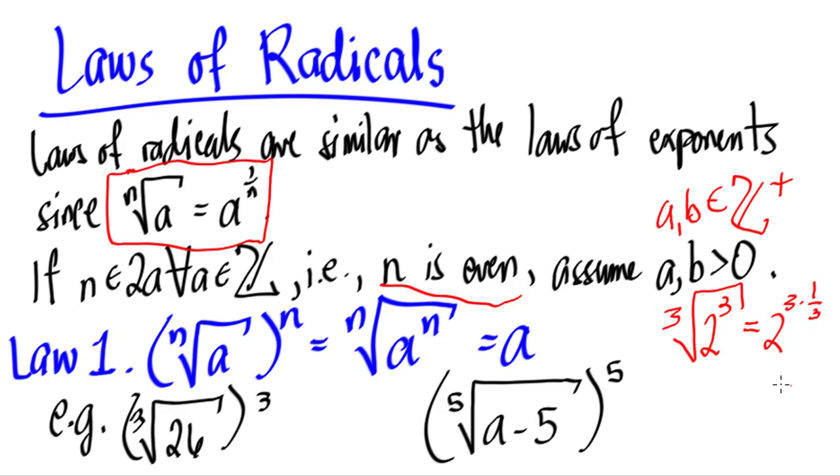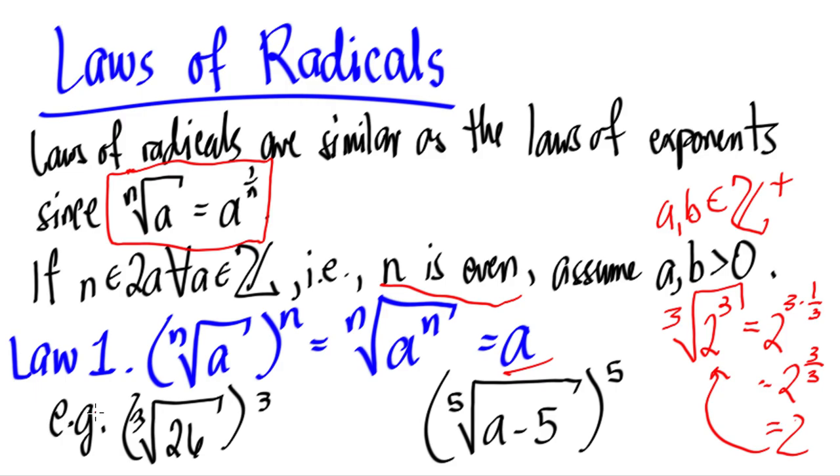Since 3 times 1/3 is equal to 1, we have 2 raised to 3 over 3, which is equal to 2, the same as our original number. Imagine that as a. Therefore, for any number, it is true that this is the answer.